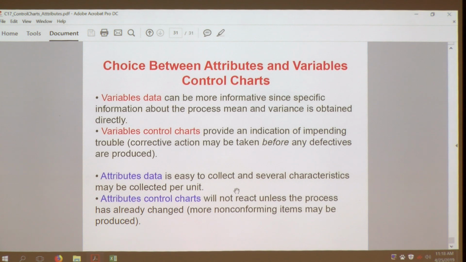Attributes data are easy to collect, and several characteristics may be collected per unit. So attributes control charts will not react unless the process has already changed. Okay? So more non-conforming units may be produced. So this is the difference between how to choose the attribute control chart or variable control chart.